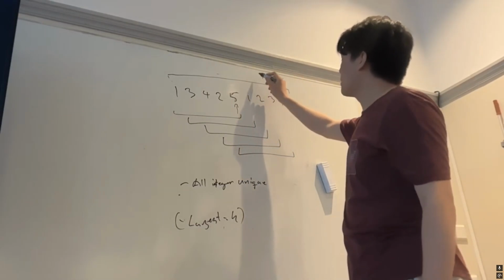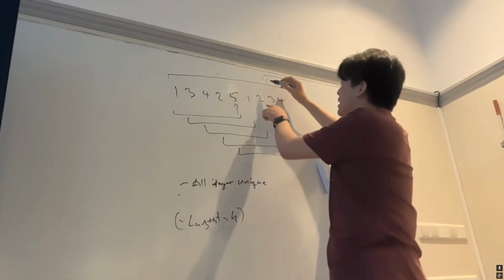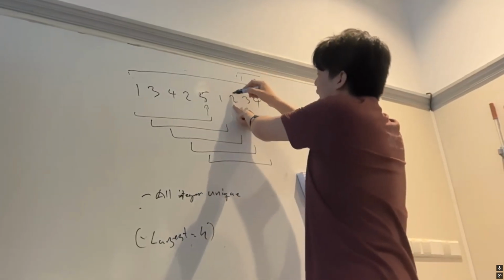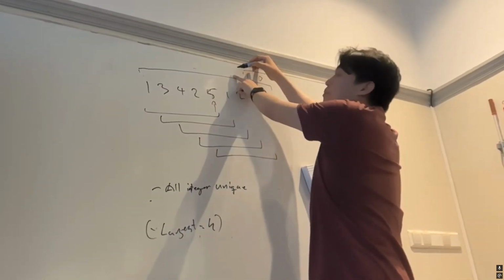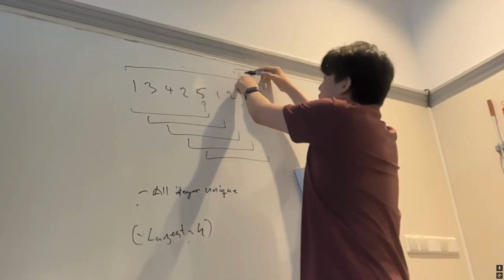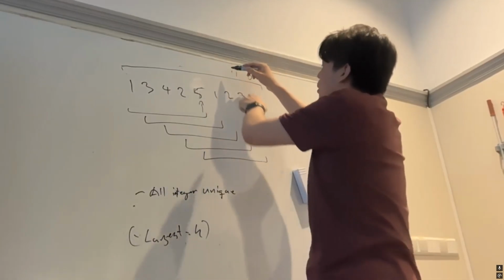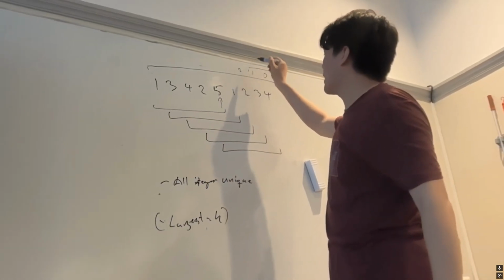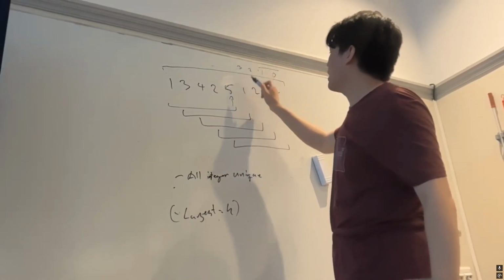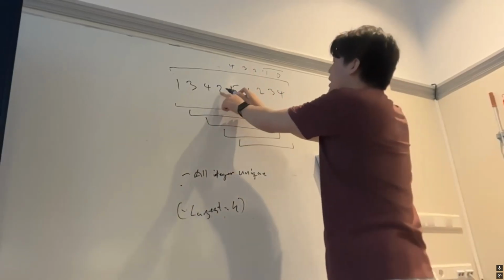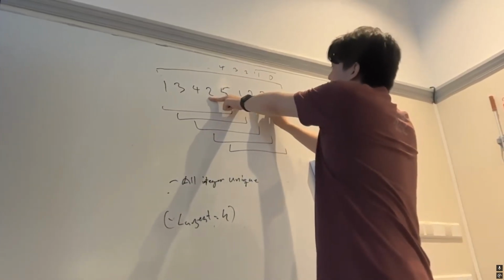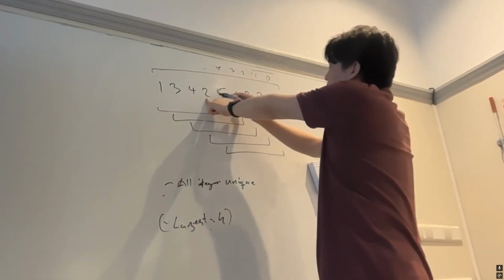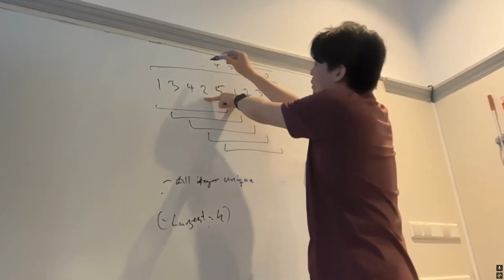And here we can go 2 steps, because the answer for this one will be the minimum of the previous one plus 1 or the distance to the closest 2. So we can calculate this. For this one, it will be 3. This will be 4. And now we get to 2, and this one has already existed before. So the answer will be the minimum of 4 plus 1 or the distance between this 2 and the previous 2. So in this case, it will be 2.